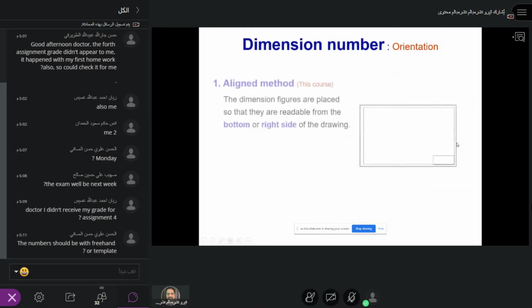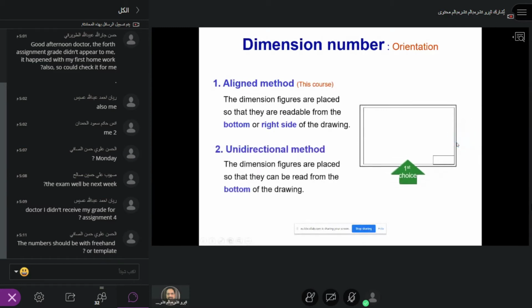All right, dimension number. This is very important. Everyone pay attention, please. We always have a doubt when you write the dimension like this. This is the right way, or you can use another method, put a gap inside the dimension line, the unidirectional method, and write it like this.